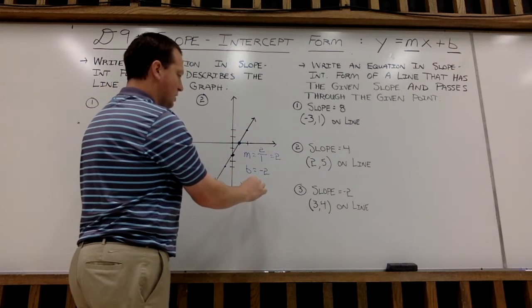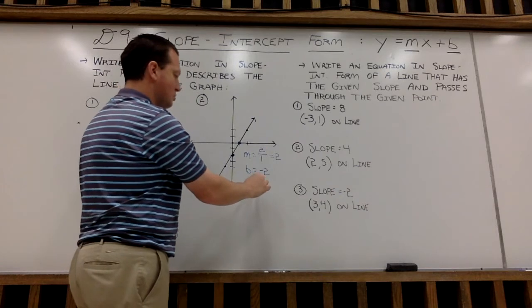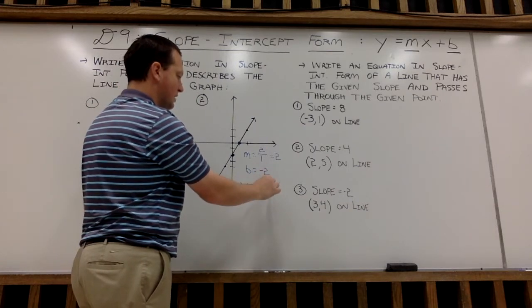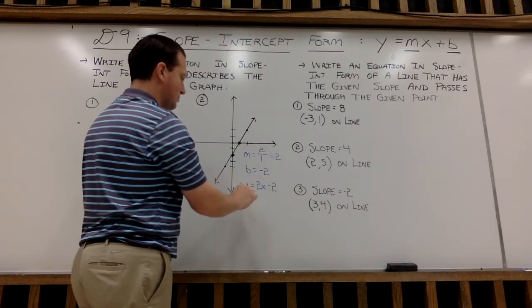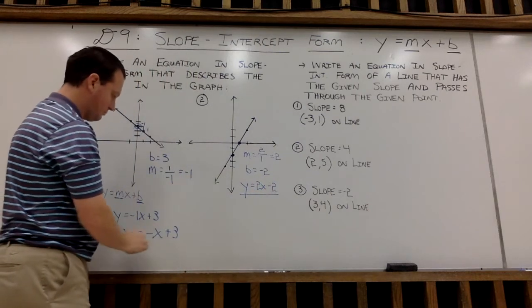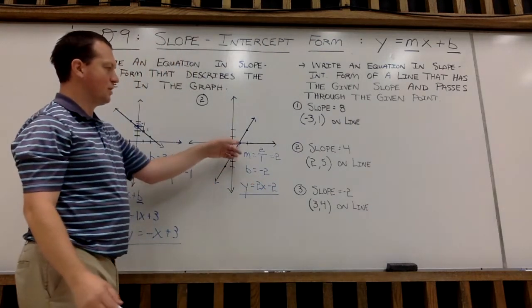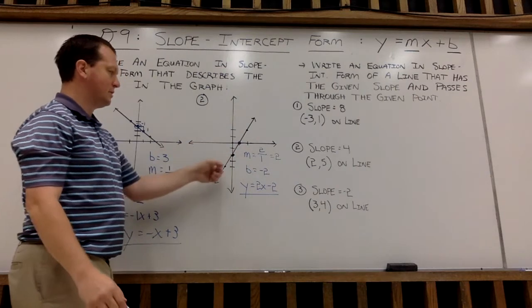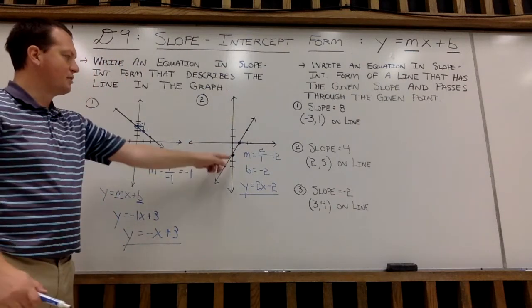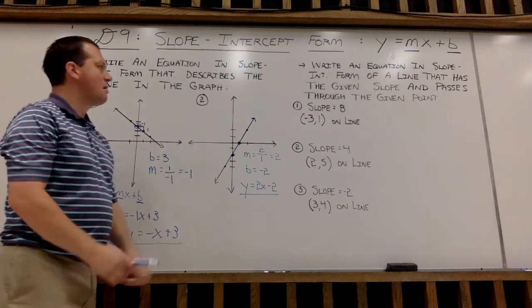So our final equation will be y equals m, 2x, plus negative 2, just minus 2. So there you have it. y equals 2x minus 2. Up 2, 1 to the right, up 2, 1 to the right, and then starting at 2 below the origin.